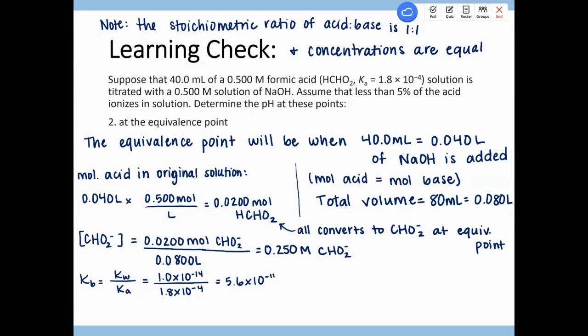Okay, so Kw, a constant value, Ka provided in the question statement. We've got Kb, 5.6 times 10 to the negative 11.